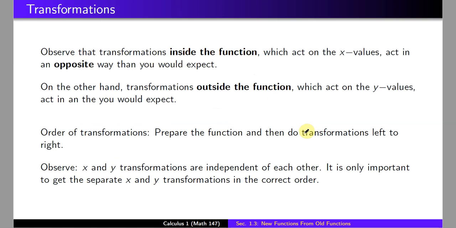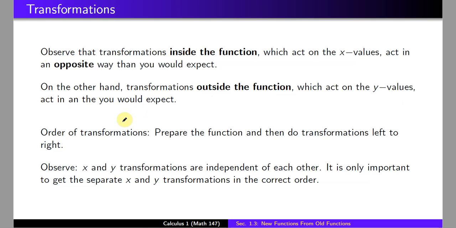Now, one thing that's important with transformations is that the transformations inside of the function, which act on the x values, act in an opposite way than we would expect. On the other hand, transformations outside of the function, which act on the y values, act in the way that you would expect. So that's what we've already talked about.